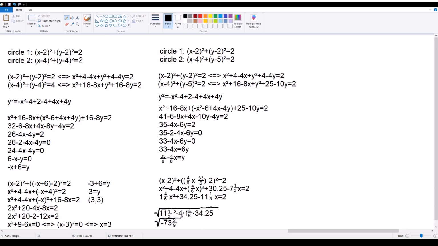If you simplify all this, we end up with negative 73 and 2/9. And we need to take the square root of that, which we can't do because it's a negative number, and that in all means that these two circles do not intersect because there is no valid x to be had.